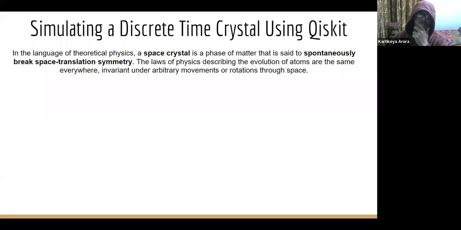In the language of theoretical physics, there is something known as space translational symmetry, which says that if I perform an experiment here or someplace 100 kilometers away, given that the environmental conditions are the same, I expect to get the same results, and that makes sense.